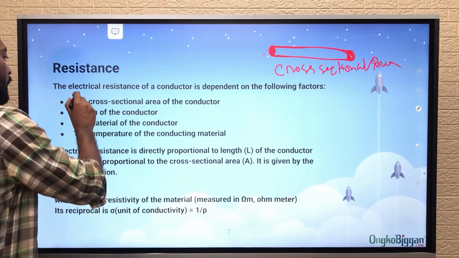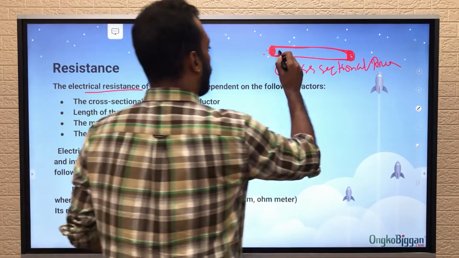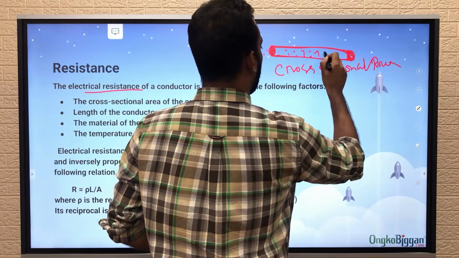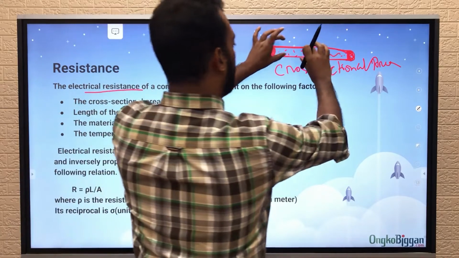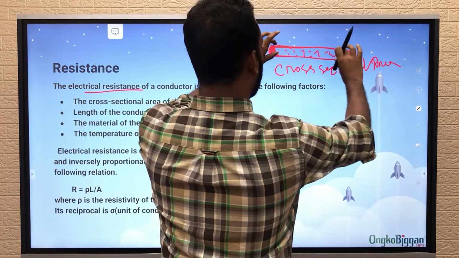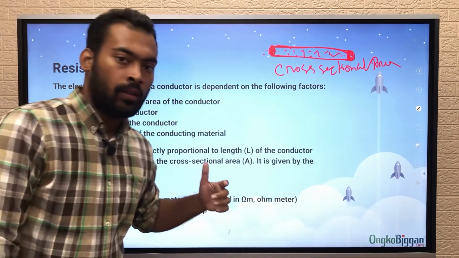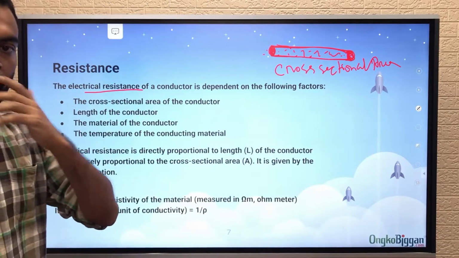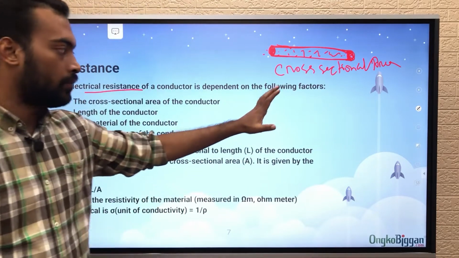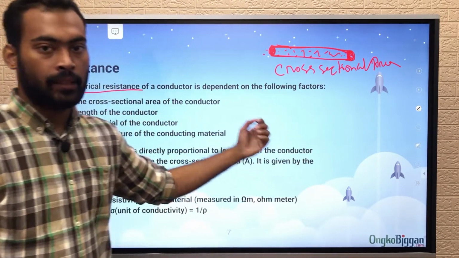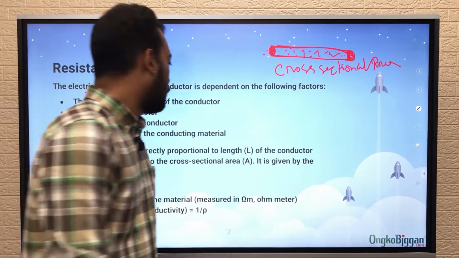So the electrical resistance of a conductor depends on the cross-sectional area of the conductor. Now, suppose the area within this conductor is less, so obviously the resistivity will be higher.